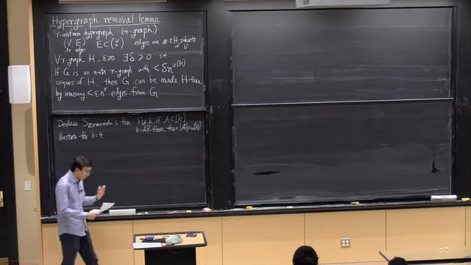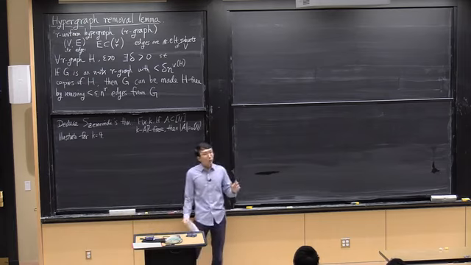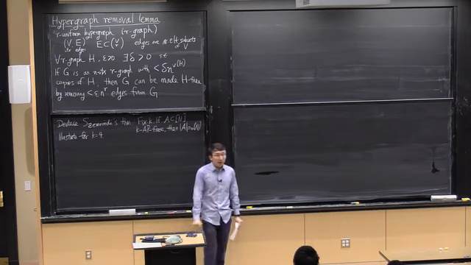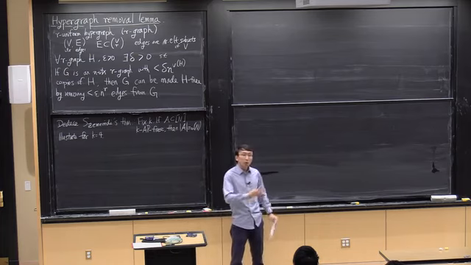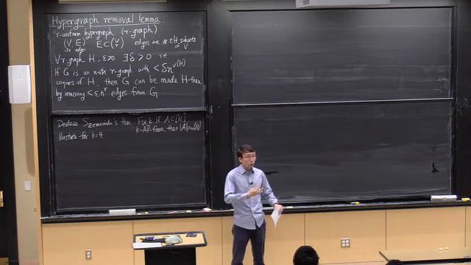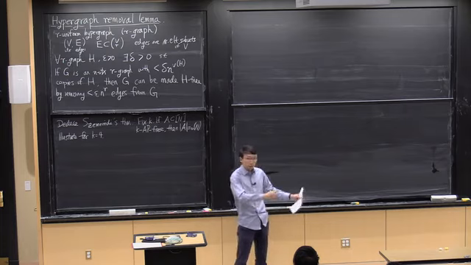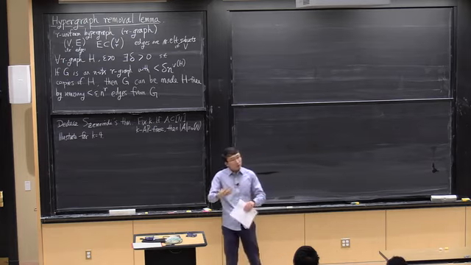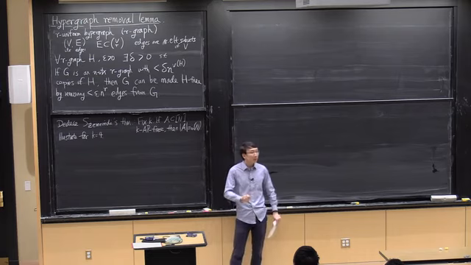Now, before even showing you what this proof looks like, you might wonder, do we really need the hypergraph removal lemma? Could it be that with the graph removal lemma and a more clever choice of a graph, you could prove Szemerédi's theorem using just that? Okay, so we set up some graph previously where triangles correspond to 3-APs. Maybe you can set up some other graph where some other kinds of structure correspond to 4-APs.